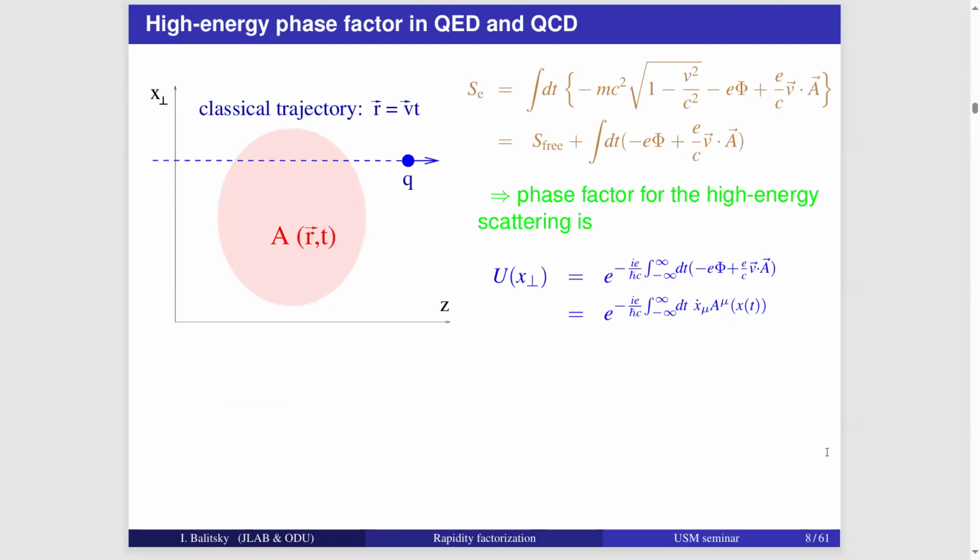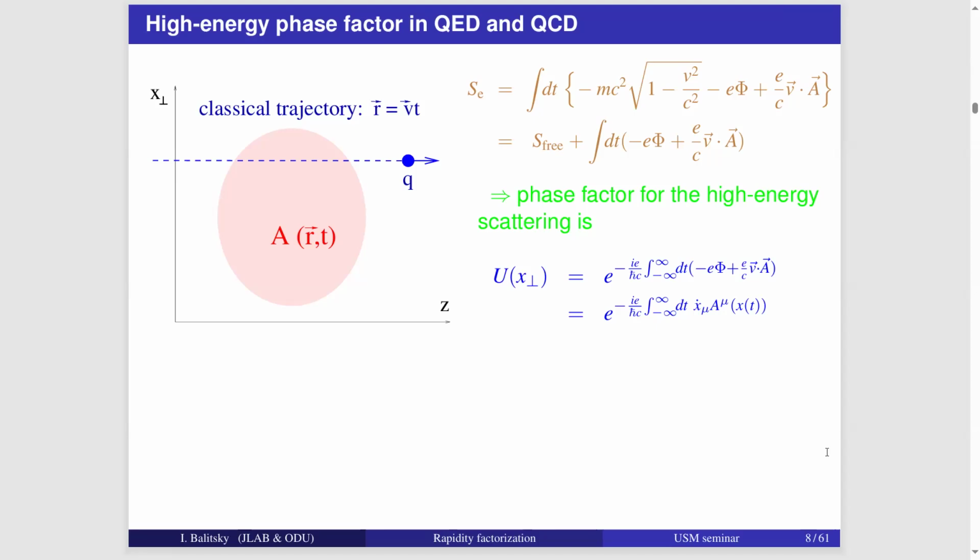Okay, what about QED and QCD? Same story. The action is now given by a relativistic formula, which can be rewritten in the following way. You need to expand this once and get the following formula.